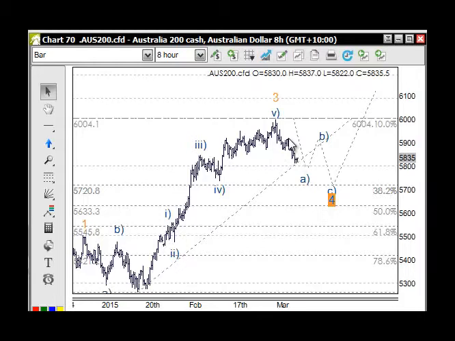Now, if this was going to be a 5-wave sequence, then I would expect this third wave to be sharper than wave A. So it appears that it will be a 3-wave correction, which will create a flat correction if it unfolds correctly in terms of an A wave, a B wave, and a C wave. So it probably won't come down to the 5,700 mark.